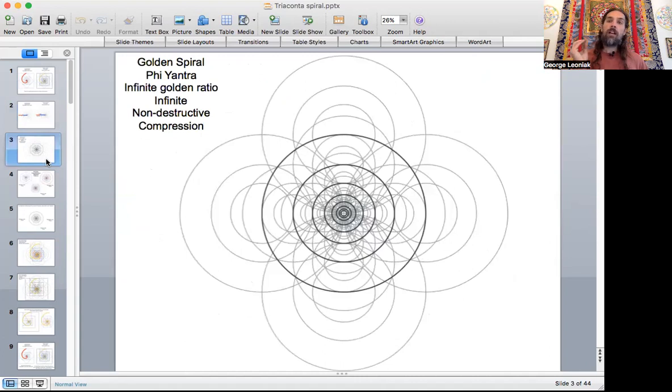So this also relates to Dan Winter's work with infinite non-destructive compression. I have a video with Dan that I've done, and other videos about the star child and the star mother, his star mother model about infinite non-destructive compression. Well, that's how these models came to be.